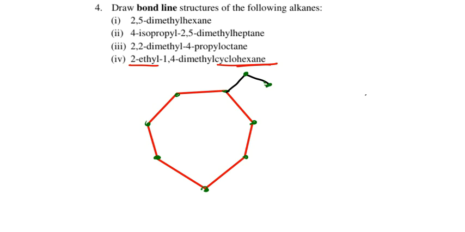Okay, so that's ethyl. And then on position 1 and 4 we've got dimethyl. So methyl on position number 1, let me use a different color there. So on position 1 and position 4, so 1, 2, 3, 4, somewhere there we have another methyl. So we've got dimethyl on position 1 and 4, and then on position 2 we have ethyl.